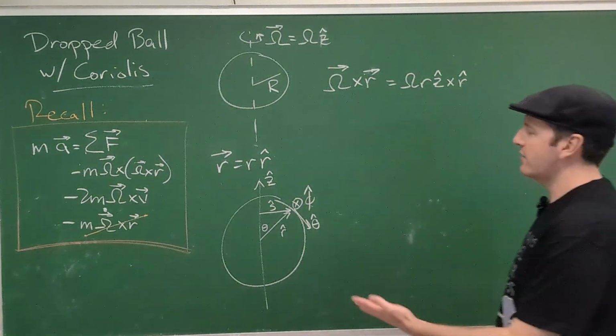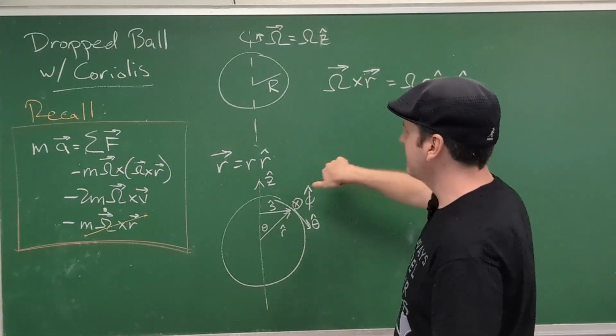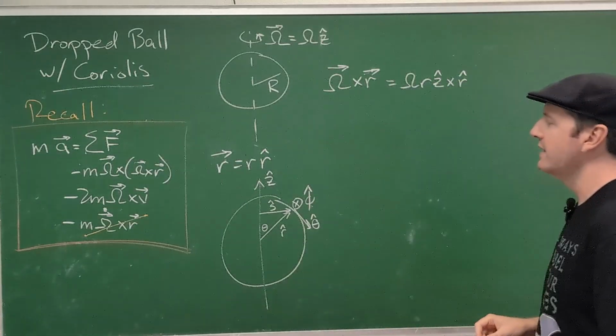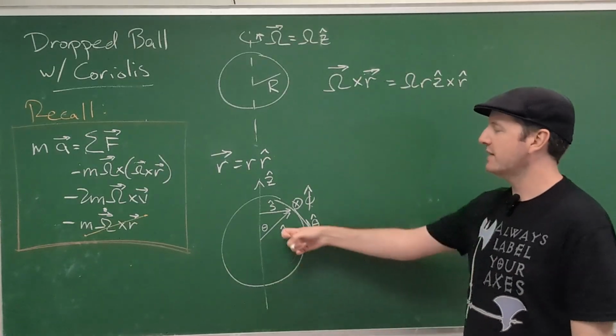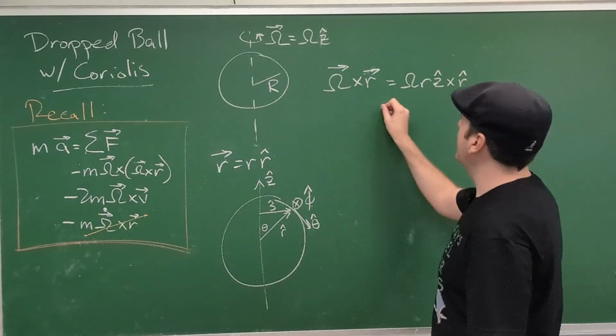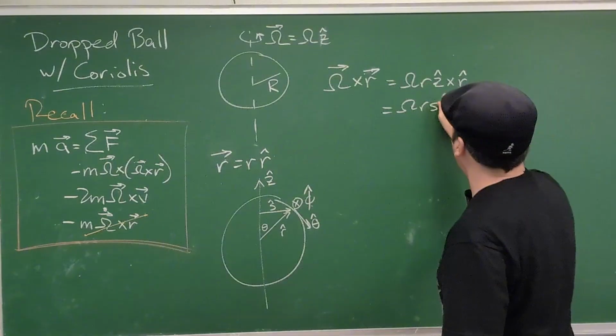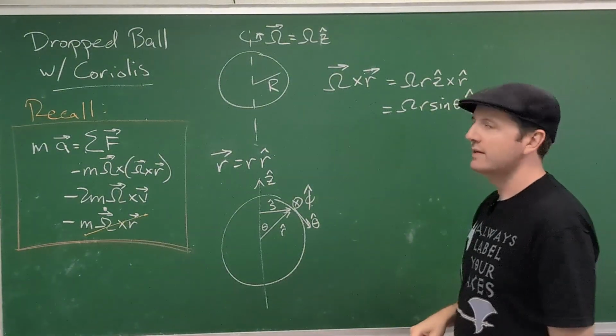Well, z hat cross r hat is going to be in some kind of phi hat direction, but the thing is, it's not going to be phi hat itself because it's going to depend on this angle theta. And we can kind of see what that is by looking at the geometry a little bit here.